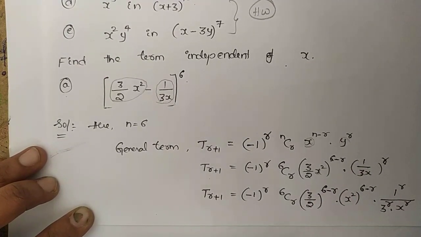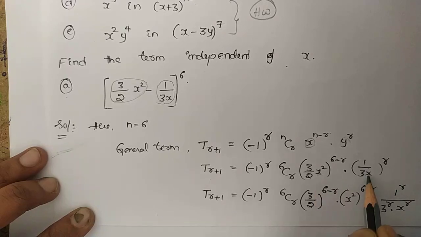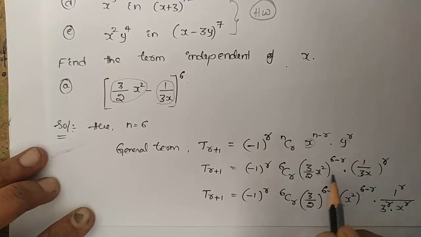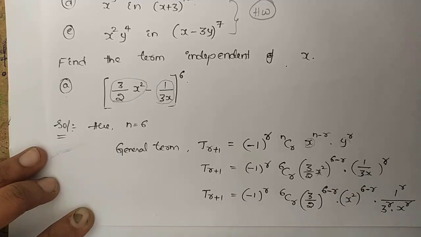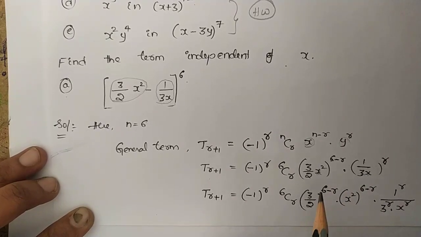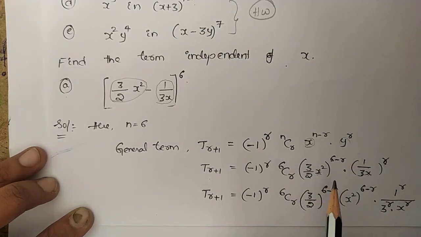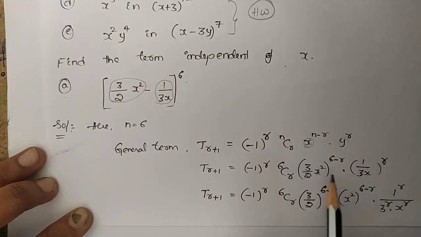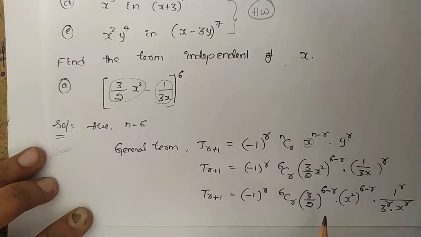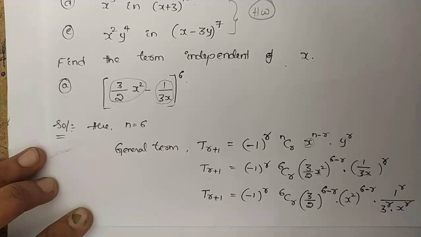Here we have x square, and in the denominator x. We have to simplify this till 1x comes. I mean, you just count how many x are there. We have to simplify till 1x comes. There we have to stop. Okay.